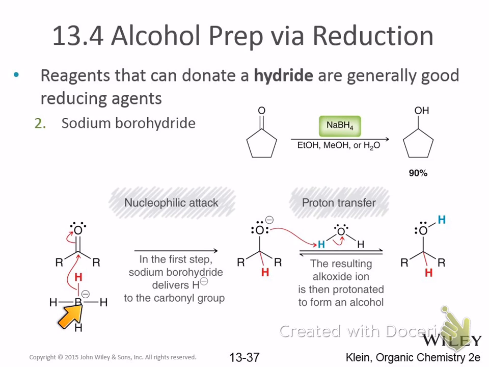This is the hydrogen being transferred with the pair of electrons, so that breaks the pi bond, and you end up with this oxyanion. All that this needs is a proton transfer from the solvent, and then you end up with your product. It's a very simple mechanism. It doesn't do this on alkenes simply because the alkene's not polar, so not reactive enough to react with it.